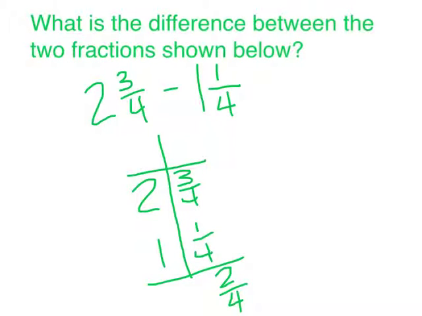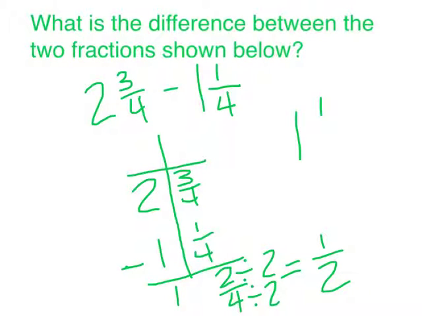What do I still have to do before I'm done on the fraction side? I need to simplify. Divided by 2 and divided by 2. That gives me 1/2. Now, I'm going to subtract my whole numbers. What's 2 minus 1? It's 1. So my final answer is that the difference between these two fractions is 1 and 1/2.